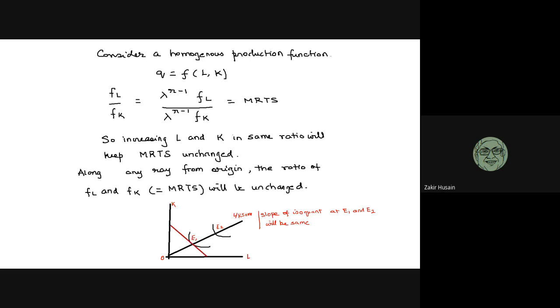So basically, what will happen is that if you take the isocost, and let us say this is the point of tangency. Now, you increase the allocation, keeping W and R unchanged. So that means there's going to be a parallel shift in the isocost line.